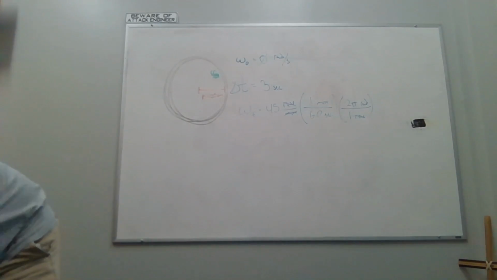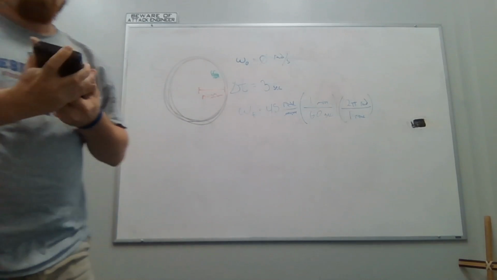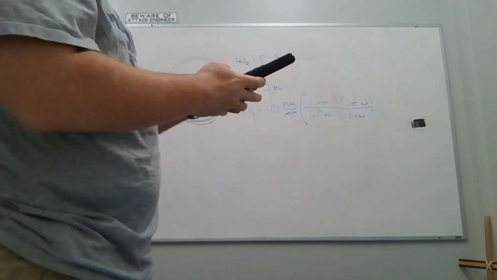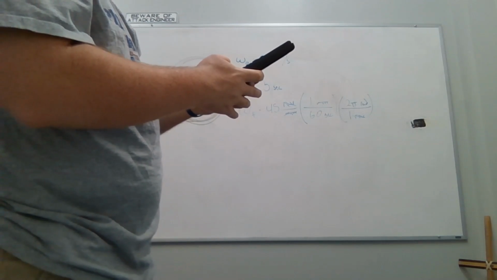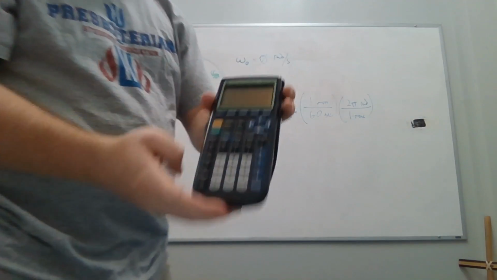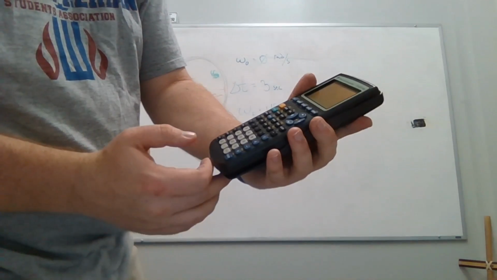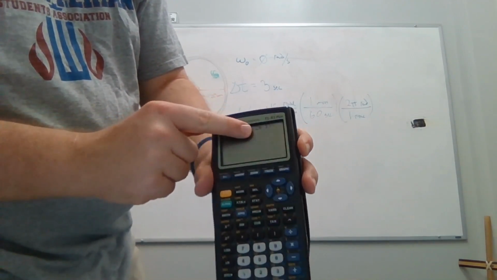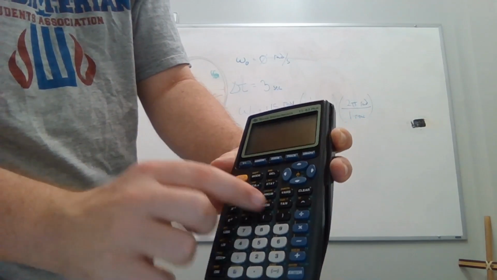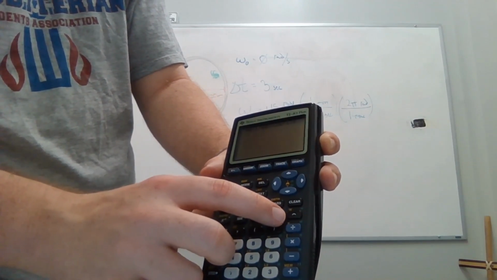I'm going to get out my calculator and show you how I enter this. You get 45 times 1 divided by 60 times 2 pi divided by 1. And at least on my calculator, I do have a function for pi. I access it by hitting the second button, and then there's a little pi symbol above this caret sign here.